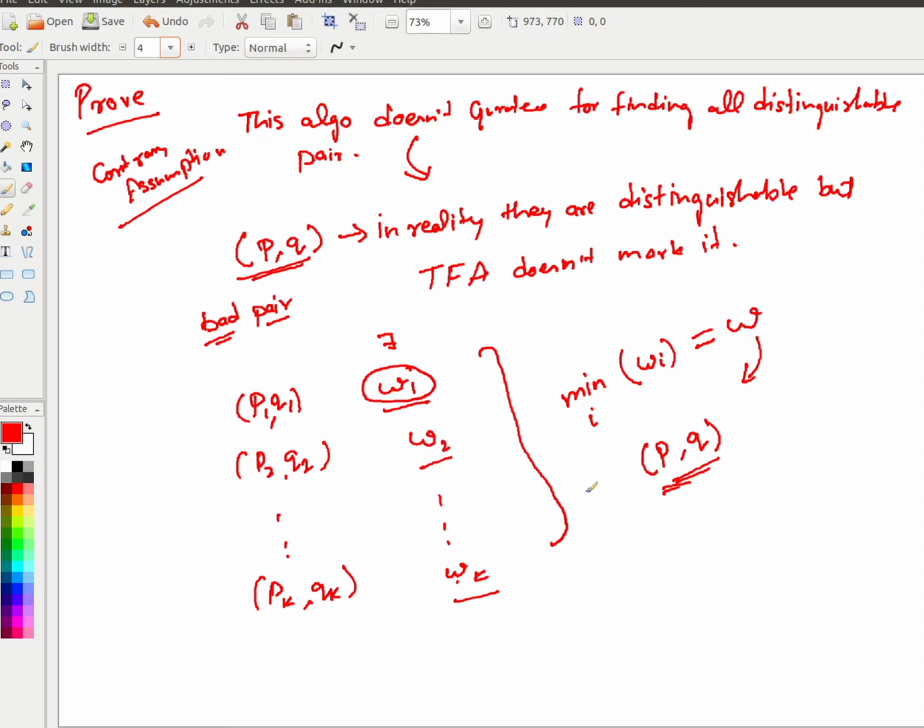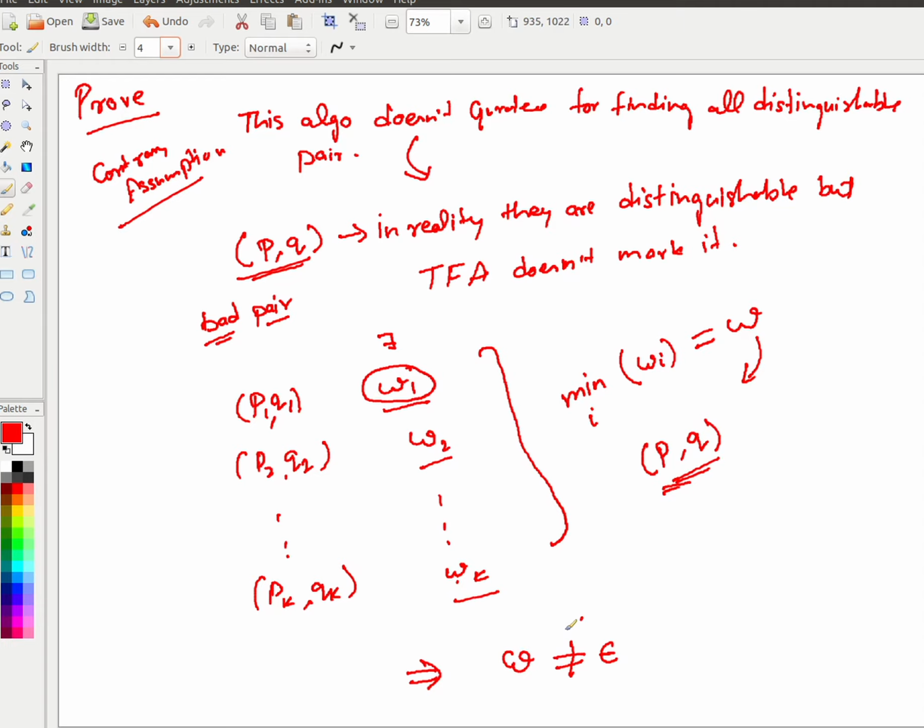Now, everyone is with me on this? The next claim that I am making is that W cannot be epsilon. Can you have a bad pair which is distinguishable by epsilon? No. Why?